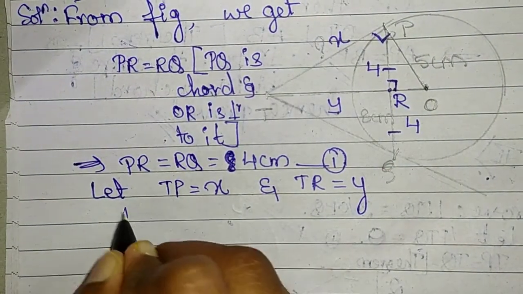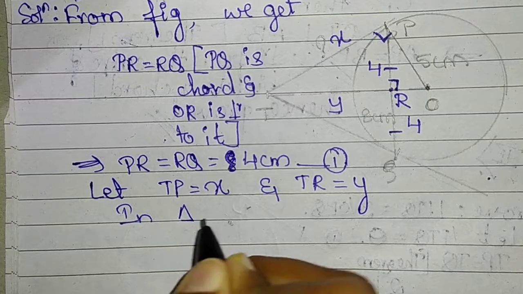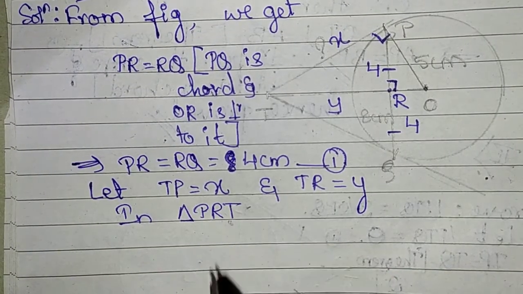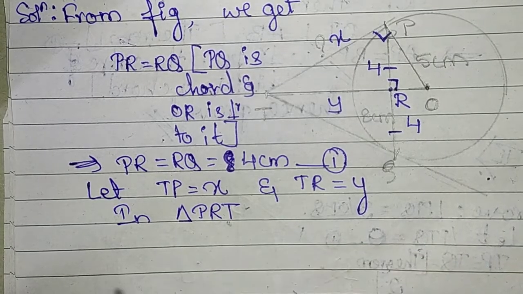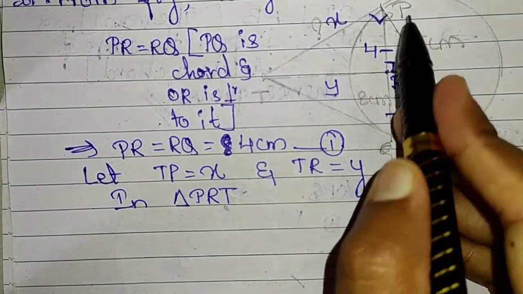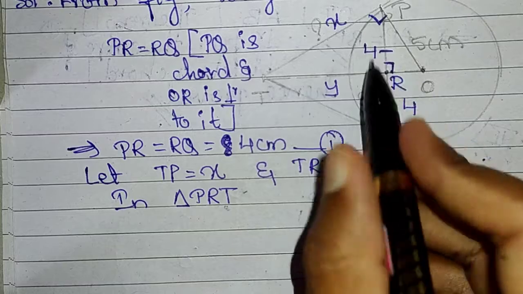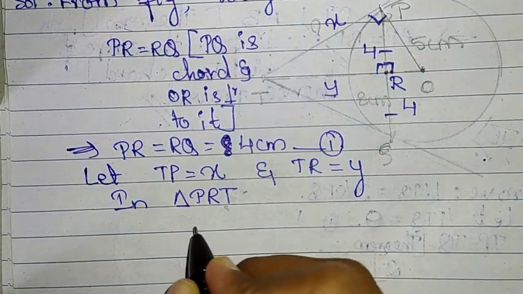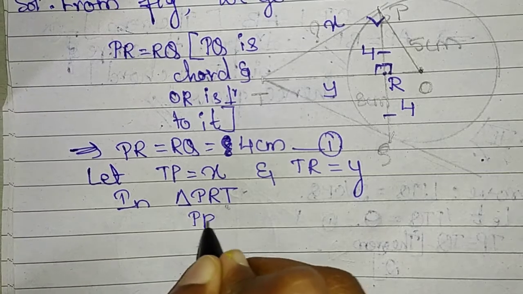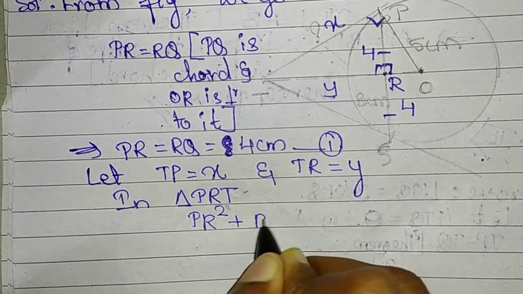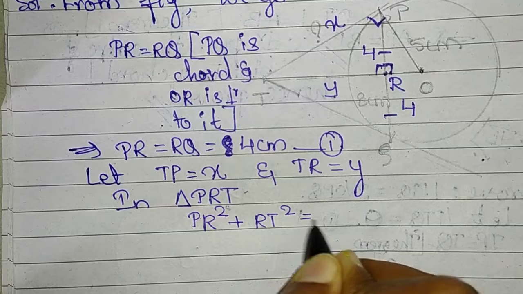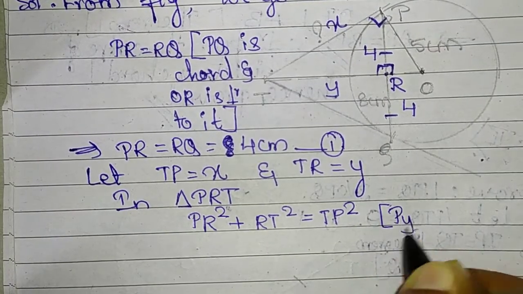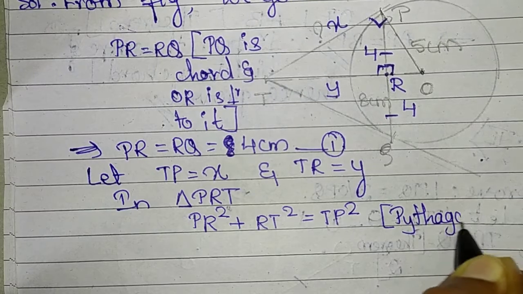Now in triangle PRT, this is also a right angle triangle. In triangle PRT, PR square plus RT square is equal to TP square using Pythagoras theorem.